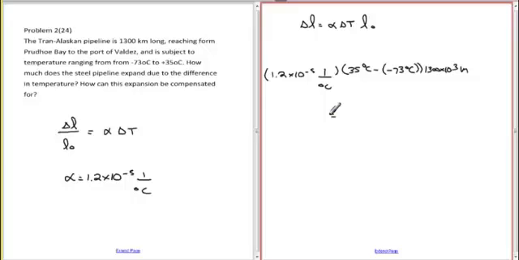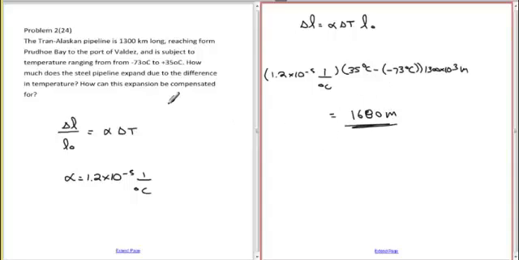So it's 1.2 e to the minus 5 times 35 minus a negative, so I add 73, times 1,300 e to the third power, and I get 1,680 meters.